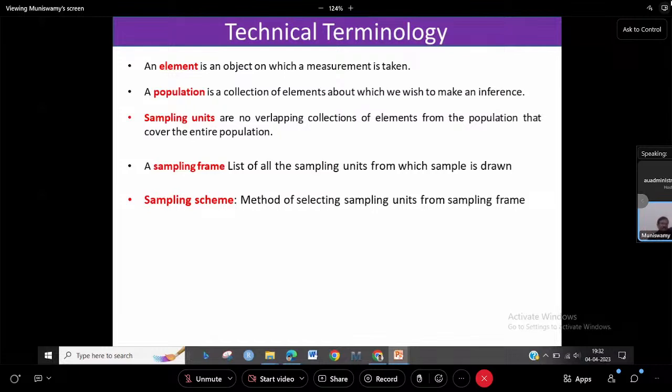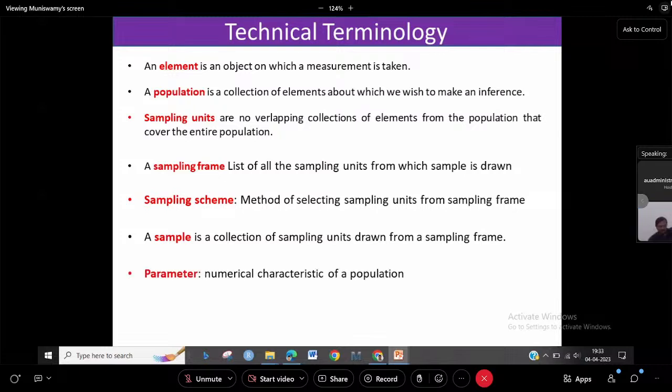But what are sampling units? Sampling units are non-overlapping collections of elements from the population that cover the entire population. A sampling frame is a list of all the sampling units from which the sample is drawn. A sampling scheme is the method of selecting sample units from the sampling frame. A sample is a collection of sampling units drawn from a sampling frame.